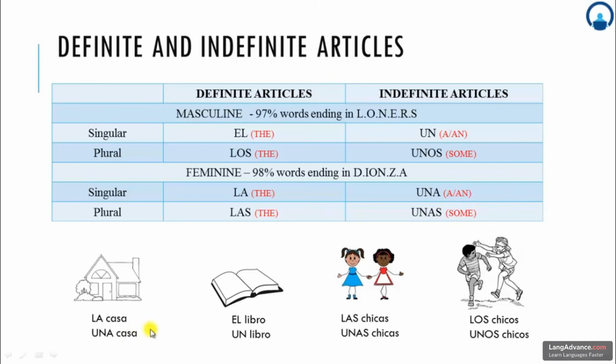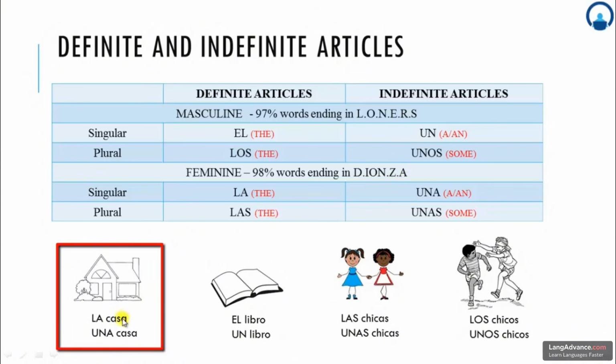Here, down here we can see examples of each. La casa. Now over here, casa, refer to the rule of feminine and masculine and check what letter is at the ending of that word. And we have got A as the ending letter. A comes in feminine over here.